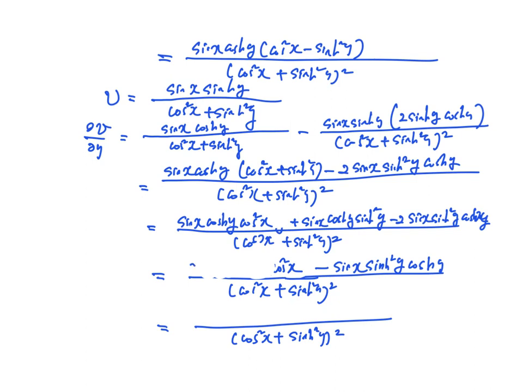This must be sine x cosine hyperbolic y, and cosine square x minus sine hyperbolic square y, right? Wow. So this is the same as partial x of u.